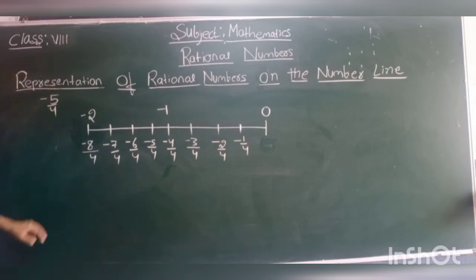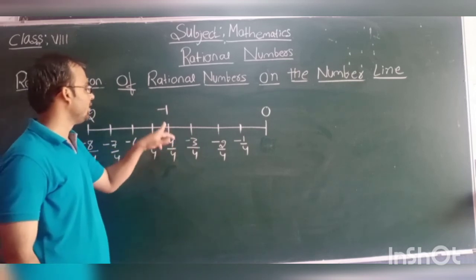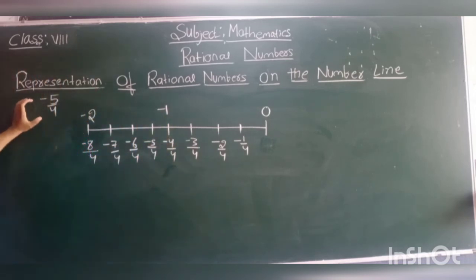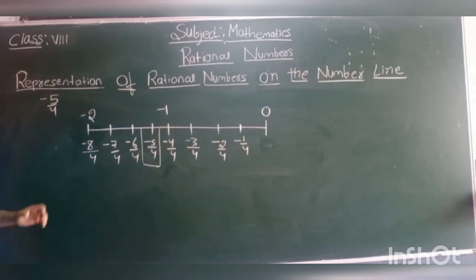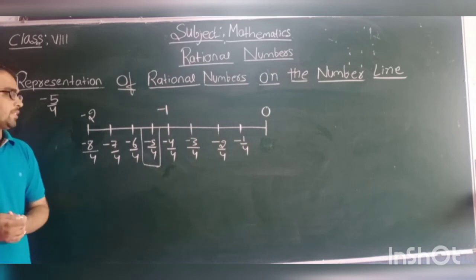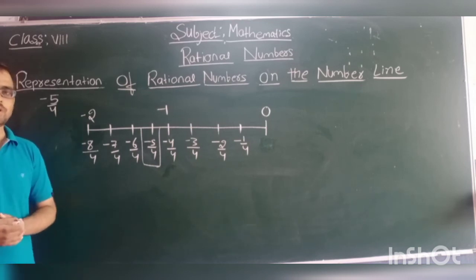Okay. So look at here students, minus 8 by 4 is nothing but minus 2. Minus 4 by 4 is nothing but minus 1. So which number do you need to show? Minus 5 by 4, no? So this is minus 5 by 4. Okay. So in this way you can represent the negative rational numbers also on number line.